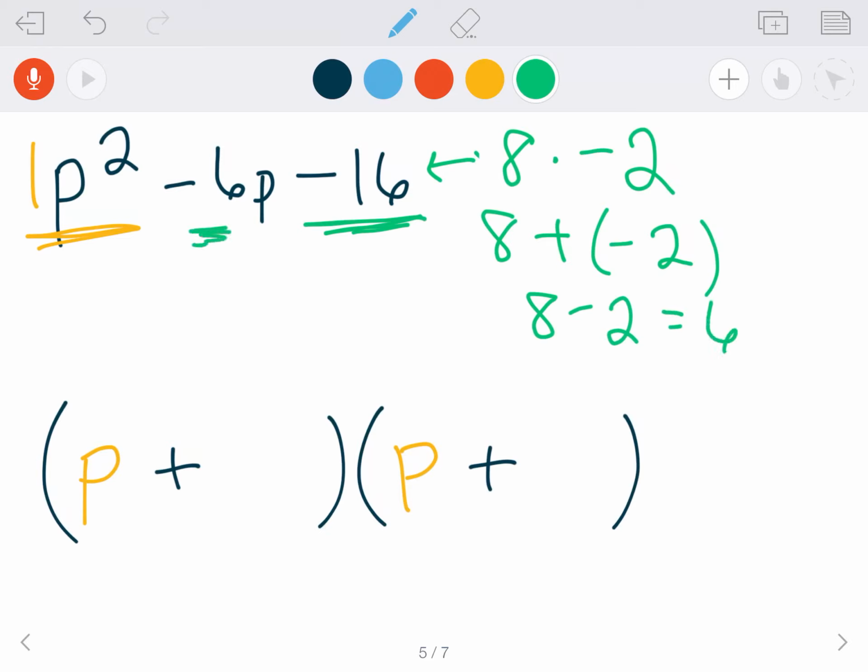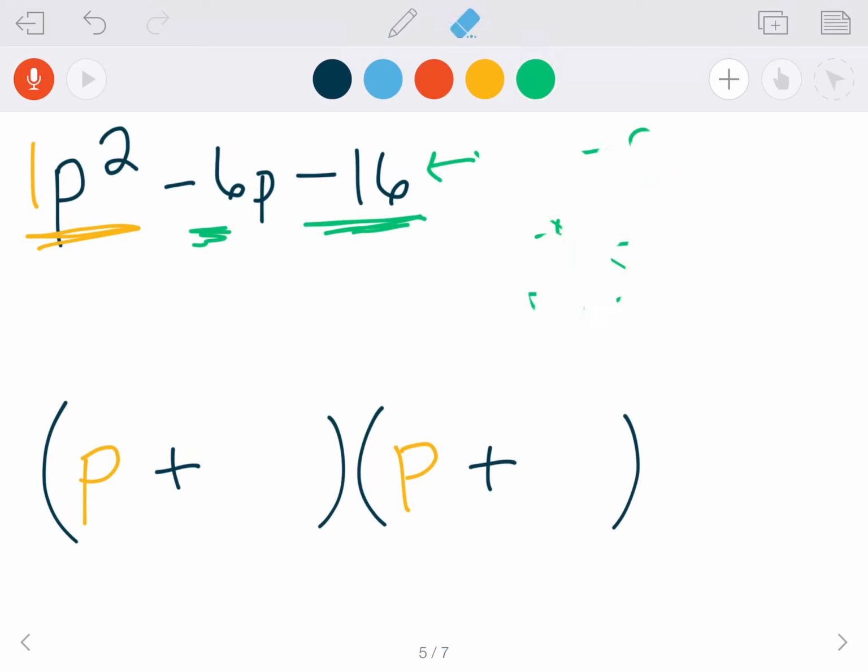But we want negative 6, so we're very close. Maybe we could just change the signs of the 8 and the 2? Let's try that. So instead of positive 8 and negative 2, let's try negative 8 and positive 2. So that's negative 16 when we multiply. What is negative 8 plus 2? That's negative 6. Yay, we got it.